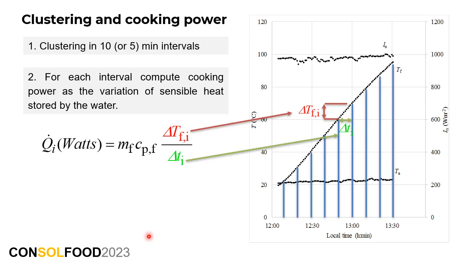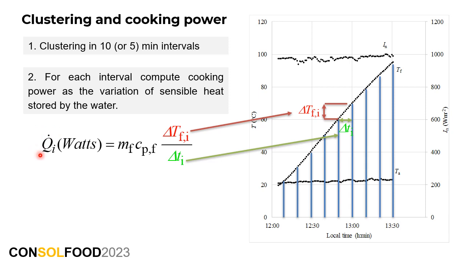Once the test is finished, the first step in data processing is clustering the recorded data in intervals of 10 minutes, sometimes 5 minutes. In the picture on the right, you can see the intervals that we have plotted as vertical blue lines. In the second step, for each interval, cooking power is computed from the variation of sensible heat stored by the water.